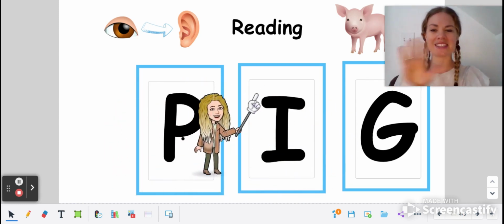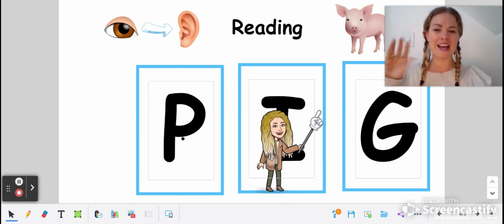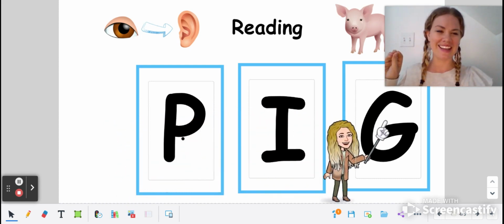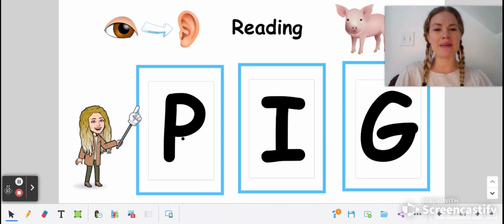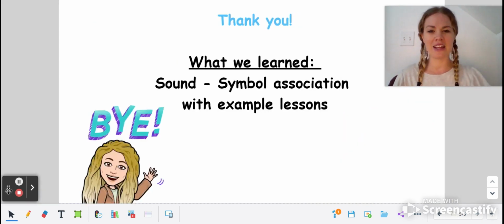Let's say it super fast. Pig. All right, so that might be an example that you might have them do on their boards. You might make a mat of this. You could do so many things with that. You could print this out. You could use bananagrams. You could use all kinds of things. I might just do this on my smartboard, but that's an example of two mini lessons I might use.